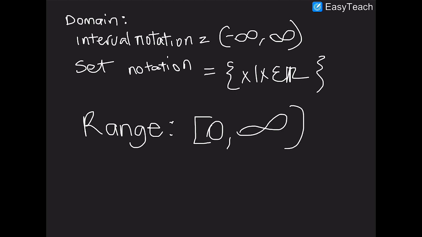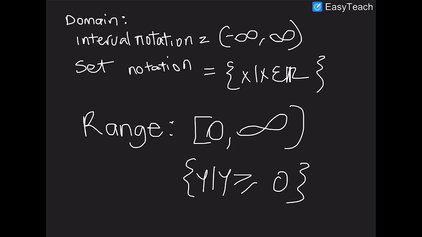So it's going to be round brackets, right? You never include that because it's infinity. It's millions and millions of numbers that are unknown, right? And then we have our set notation, which is going to be y such that, where the slash means such that, y is greater than or equal to 0. And then we're just going to put our other thing here. Now, why is it y greater than or equal to 0?